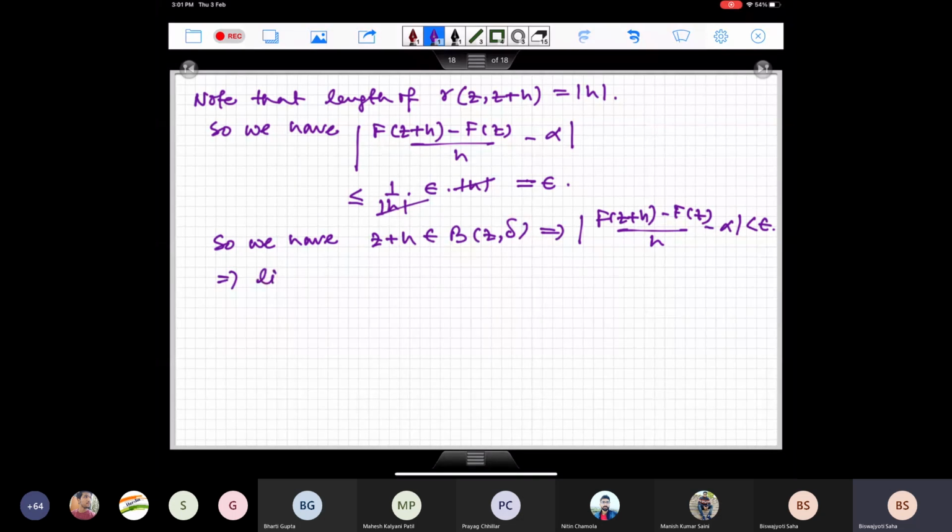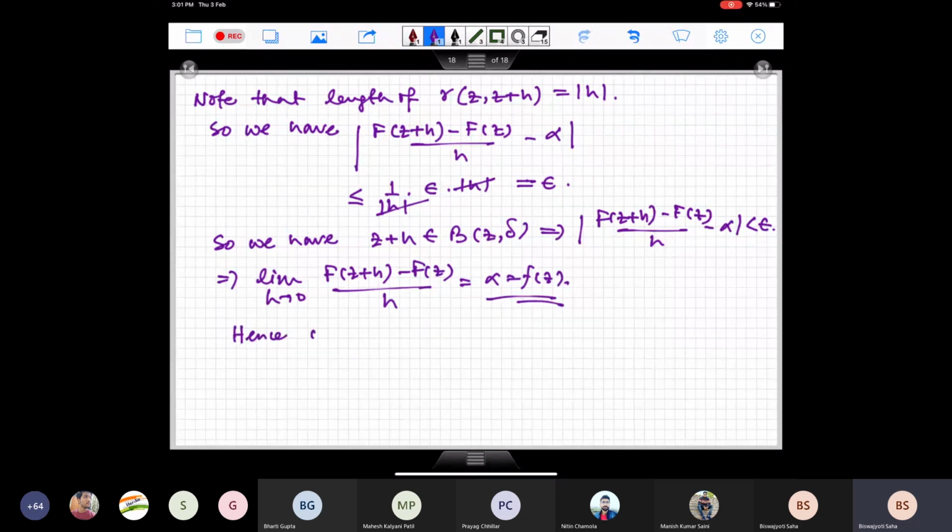So this implies the limit as h tends to 0 of (F(z+h) − F(z))/h is equal to α, which is little f of z. Hence we get capital F prime of z is f of z. And of course my z was an arbitrary point of our open ball.